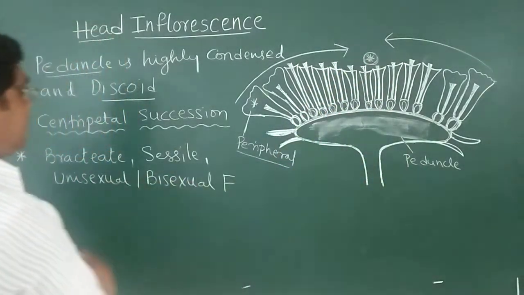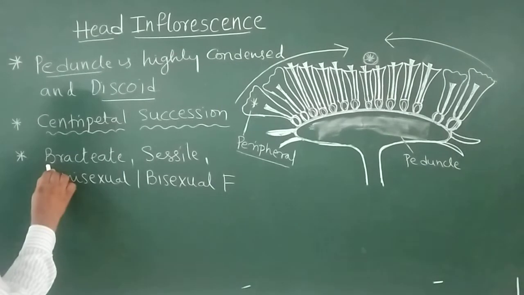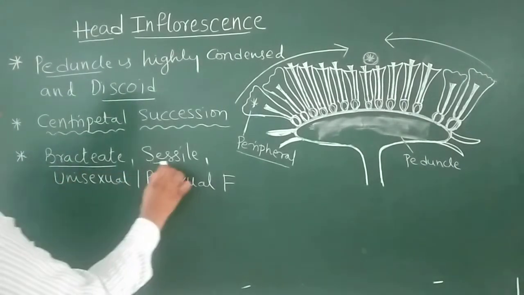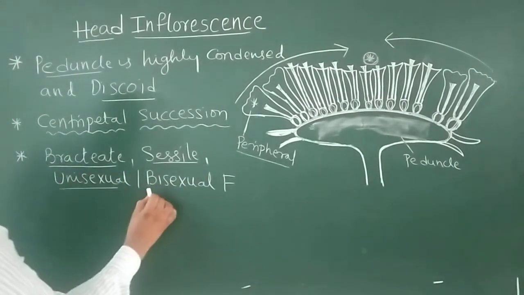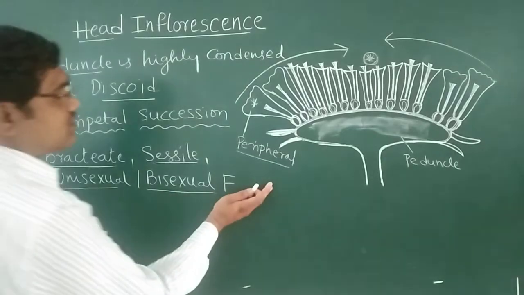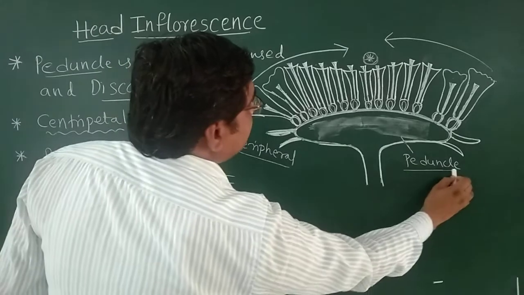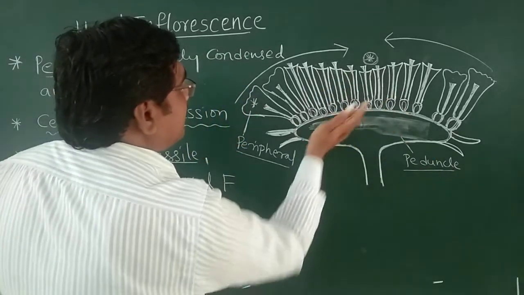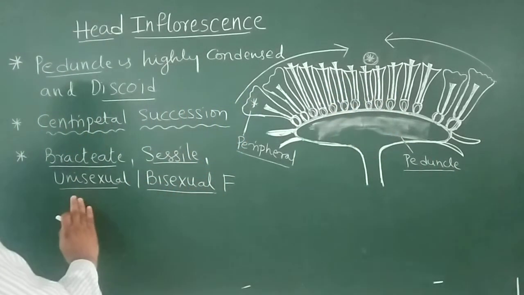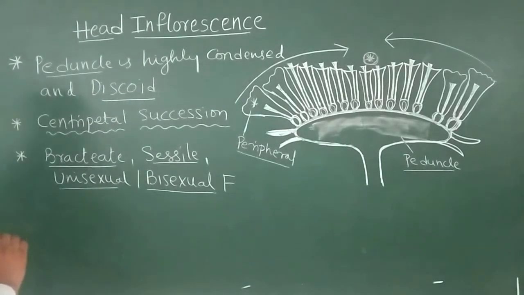Unisexual or bisexual flowers are present on the condensed peduncle. So these flowers are present in the head inflorescence.